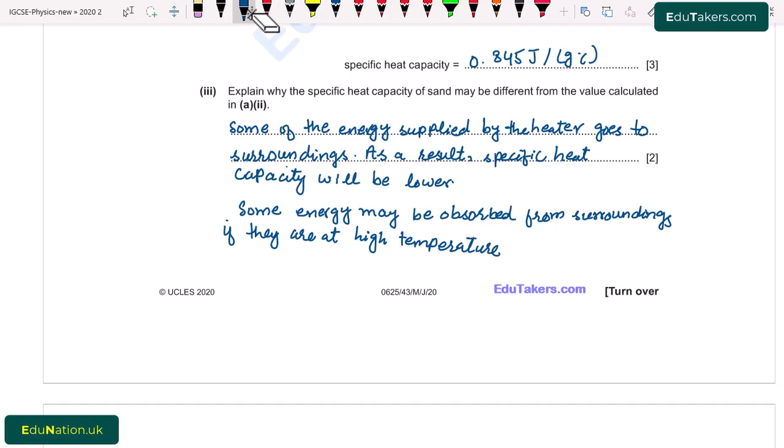It means that if the surrounding temperature is more as compared to the cup, then the specific heat capacity will be higher.